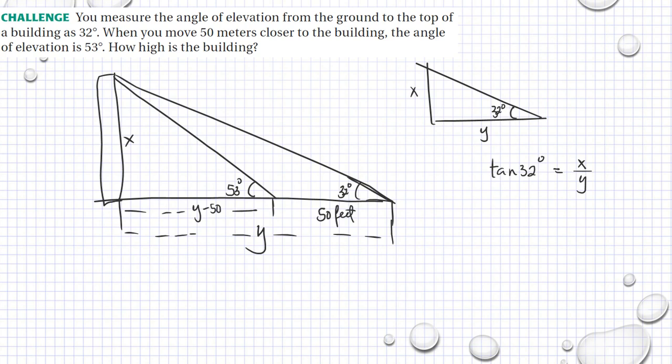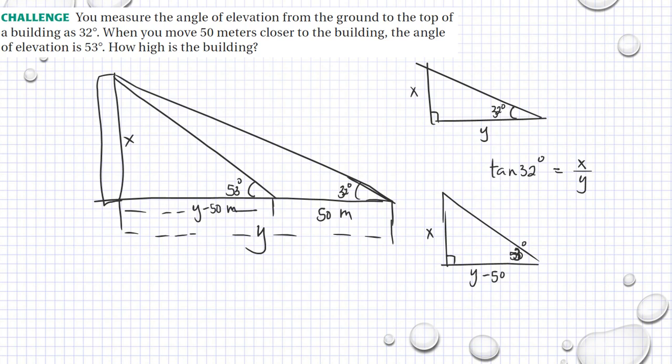And then we have the next one. We have another right angle. This is still our x, and this is 50 now, and 53 degrees. And then this one is y minus 50 meters this time, not feet.